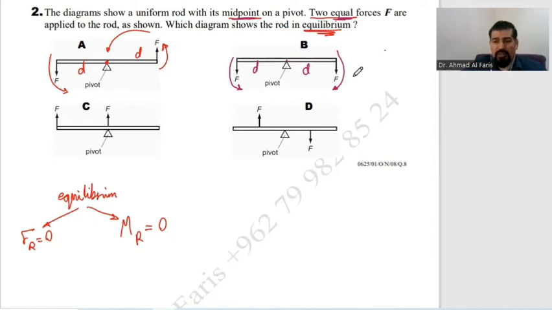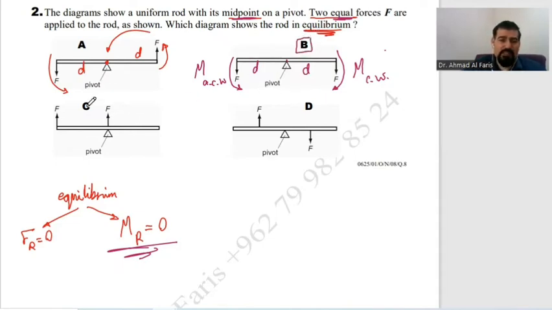So the clockwise moment and the anti-clockwise moment are equal, cancel out each other, and make the resultant moment equal 0. We also assume there is a force from the pivot acting upwards that balances both forces F acting downwards. So we'll assume that B is the answer.